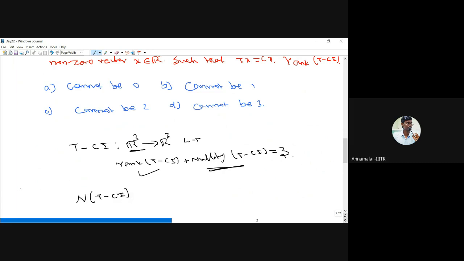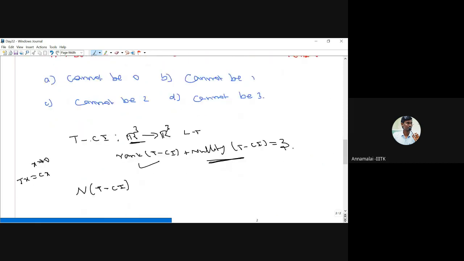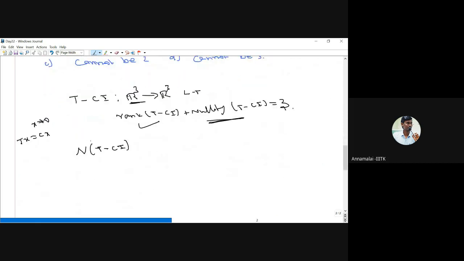Since it is given that Tx equals c times x, where x is non-zero, there is some non-zero vector x such that Tx equals cx. Therefore, you can take everything to one side and take x outside: T minus c times I applied to x equals 0.